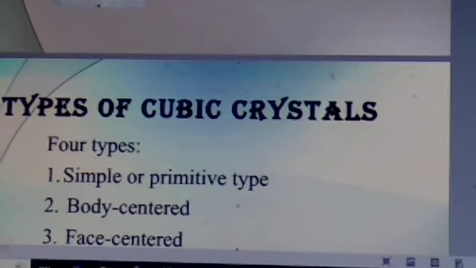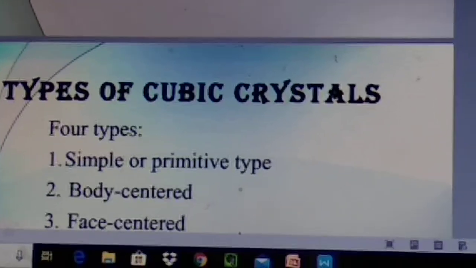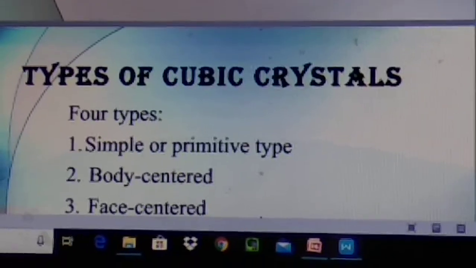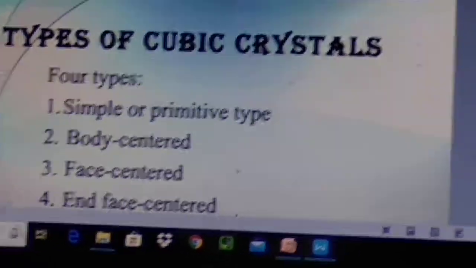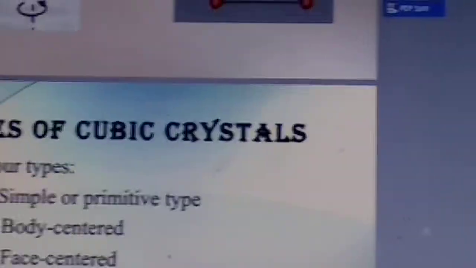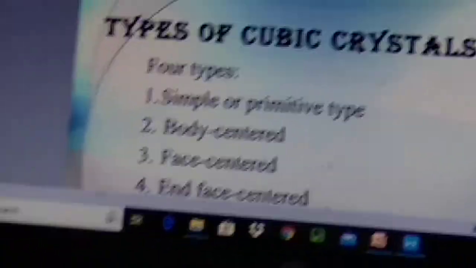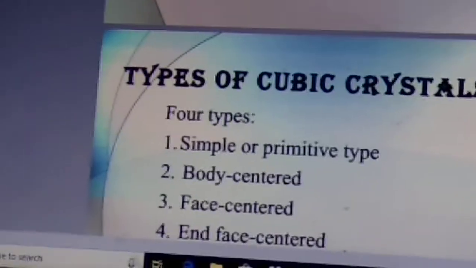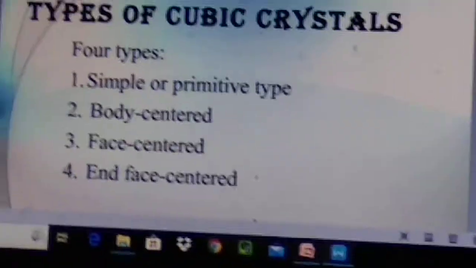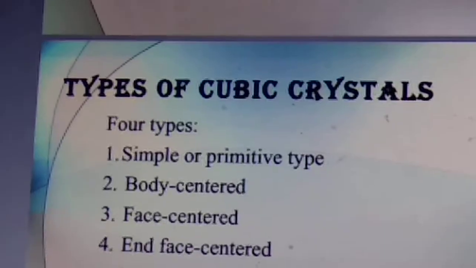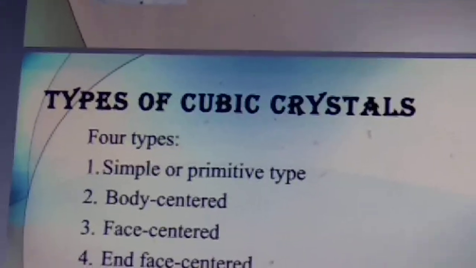Now types of cubic lattice, very important things. First one, lattice classification of solid. Second one, types of cubic crystals, 4 types. Simple or primitive type, where all the constituent particles are present only at the corners. Body-centered, BCC, where particles are present at the corners as well as the body center.